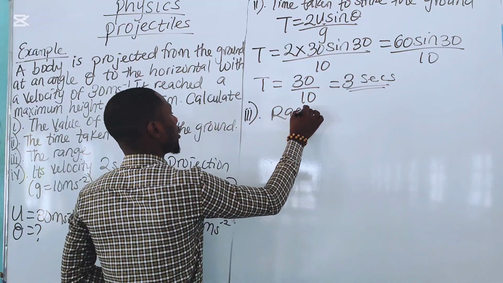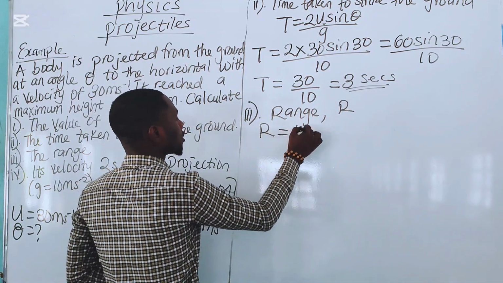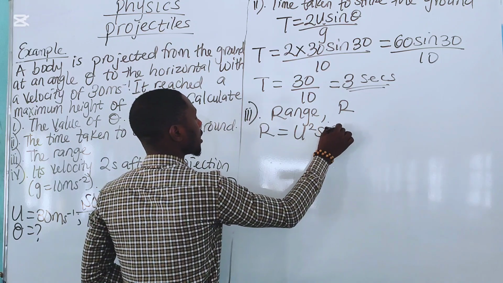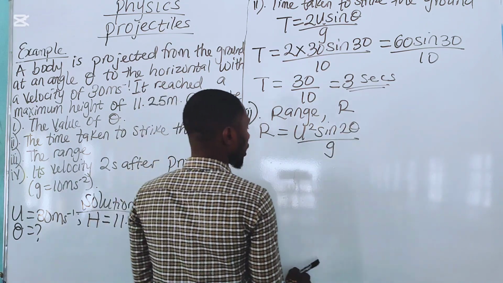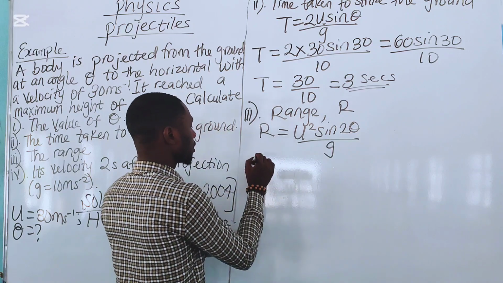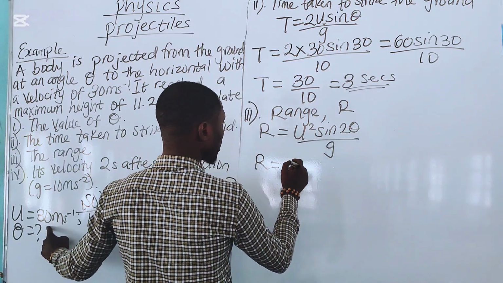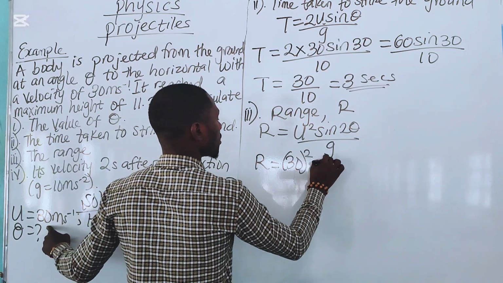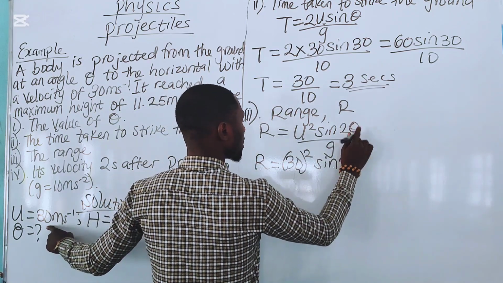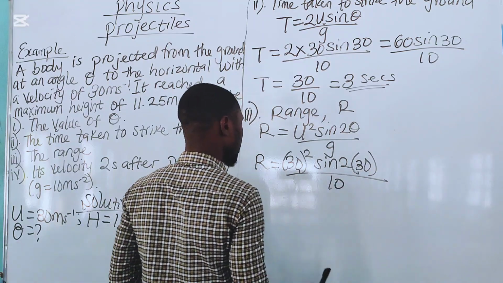So to find our range, R, of course, we know that our range is equal to u squared sine 2 theta over g. Okay, so substituting our values into our equation, we have u squared, which is 30 squared, then sine 2 theta, where theta is 30 degrees, then divided by 10.